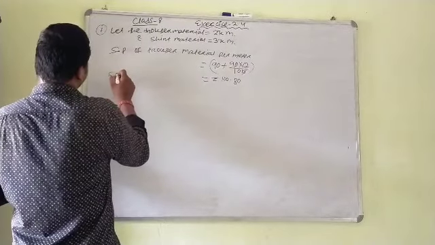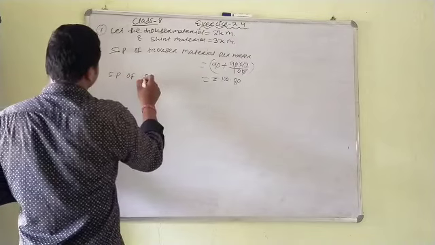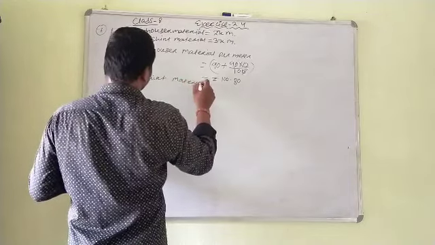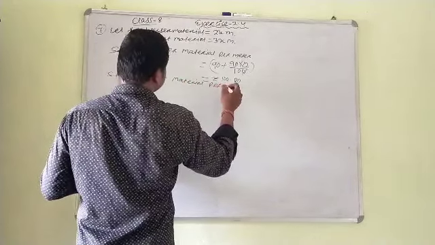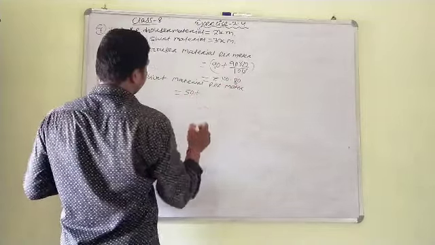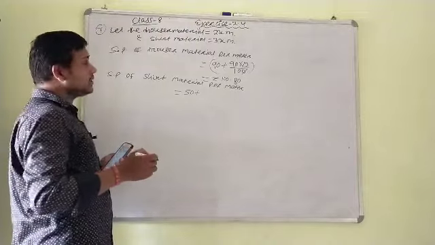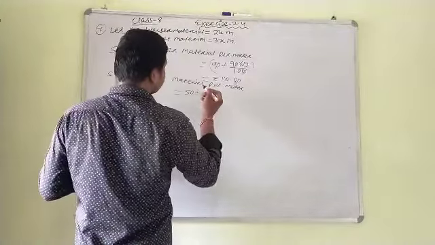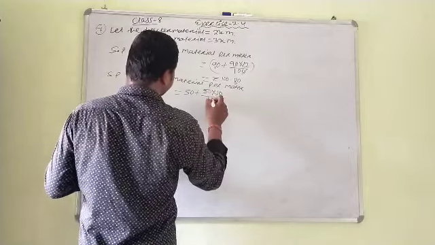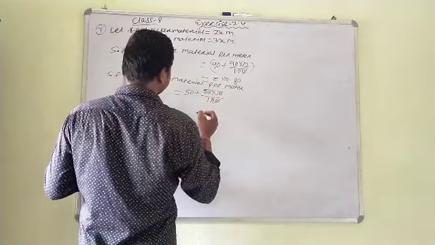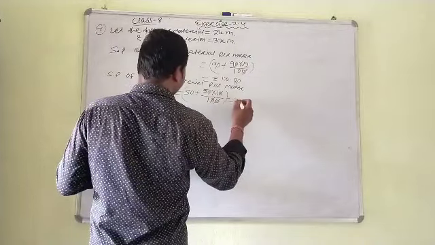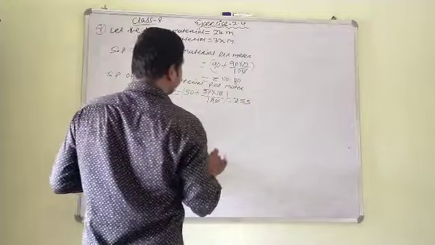Similarly, we need to find out the SP of shirt material per meter, which is equal to 50 plus he gains 10% profit on the shirt material. So 10% on 50 rupees, that is 50 into 10 by 100. So 0 0 0 0 cancel. It will be equal to rupees, after solving, we get rupees 50 plus 5, 55 rupees.